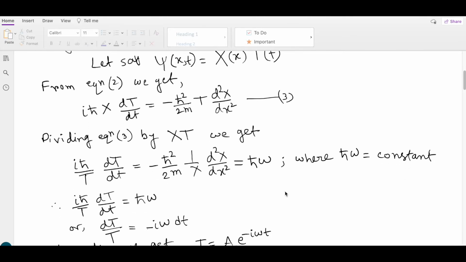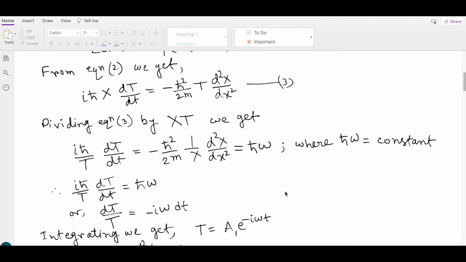Then by dividing by XT, we get iħ (1/T) dT/dt = -ħ²/2m (1/X) d²X/dx².